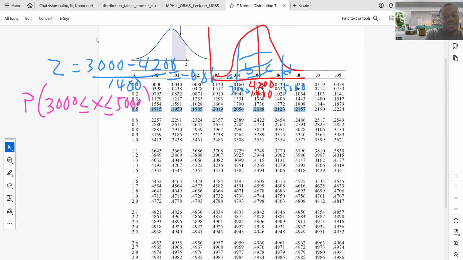That's the meaning of between. This is the same as the probability that negative 0.86 is less than or equal to Z, is less than or equal to the Z value for 5,000.